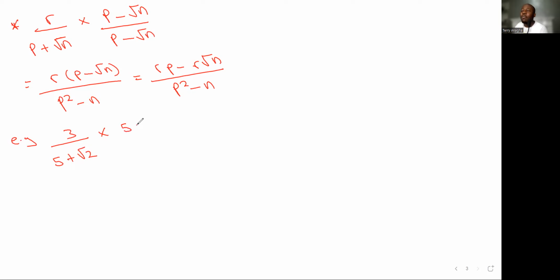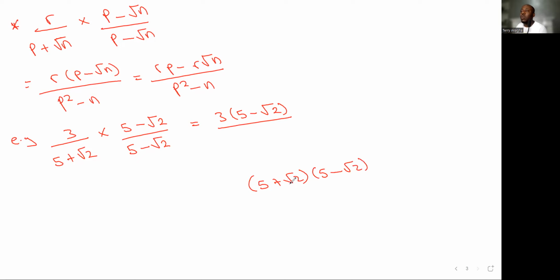It's going to be 5 minus root 2 divided by 5 minus root 2. So it's going to be 3 into bracket 5 minus root 2 divided by 5 plus root 2 multiplied by 5 minus root 2. Is that okay?